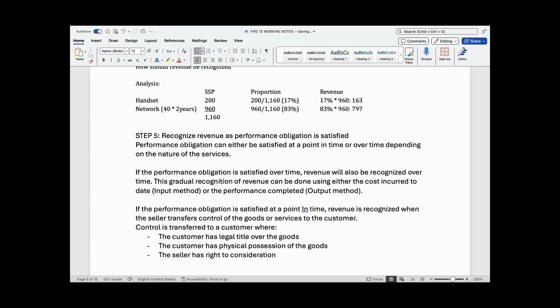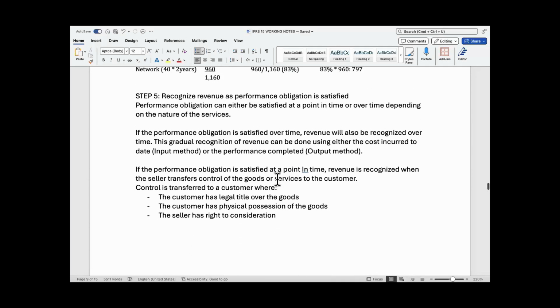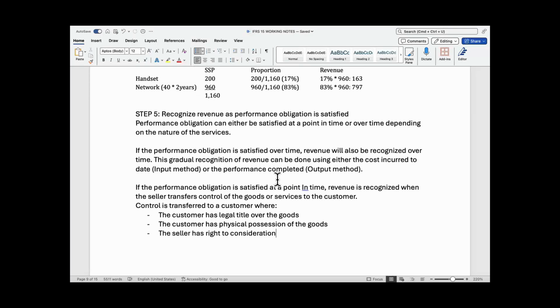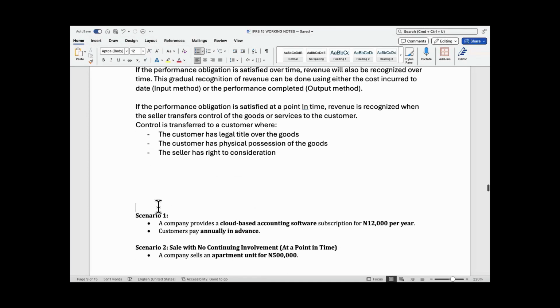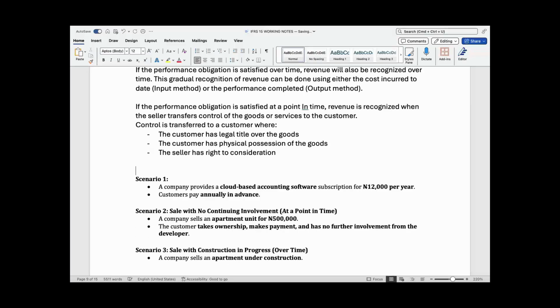So all this signifies that, okay, now you have control. So immediately that is identified, then you can go ahead and recognize revenue. Let's look at this scenario.